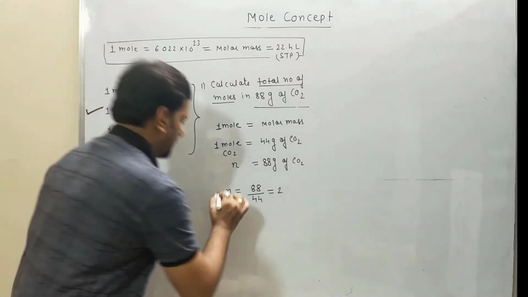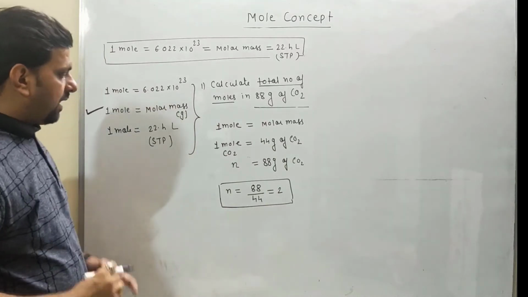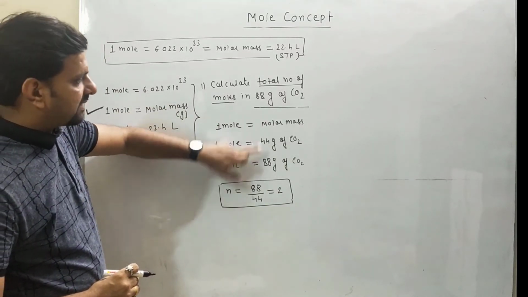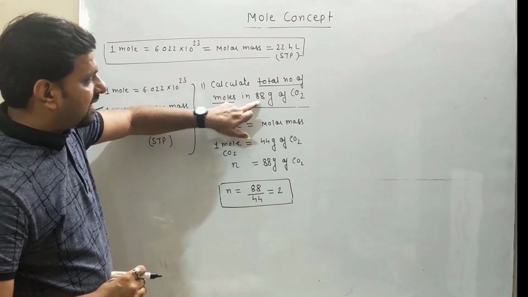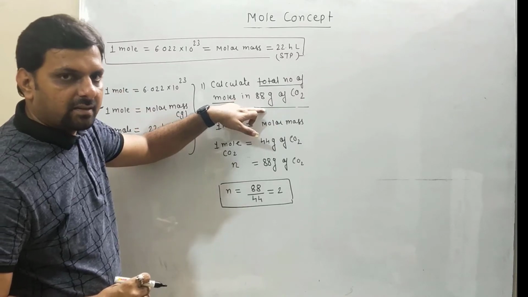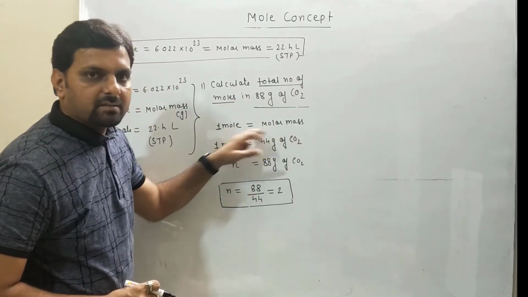Okay. So this is one thing. Now carefully observe this 88. What is that? 88 is the mass of the substance, mass of given substance. What is 44? 44 is the molar mass.